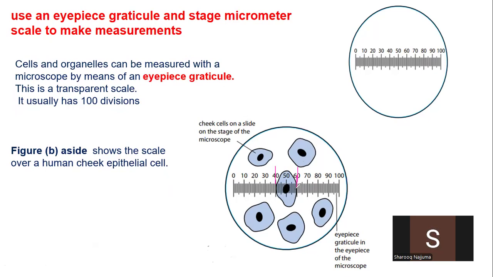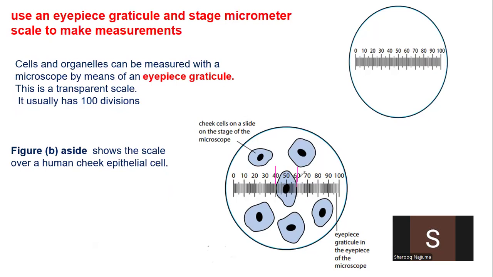So for me to know the size of this cell, I'm going to consider the divisions the cell is taking up. That is always the first step: how many eyepiece graticule units is the cell taking up?